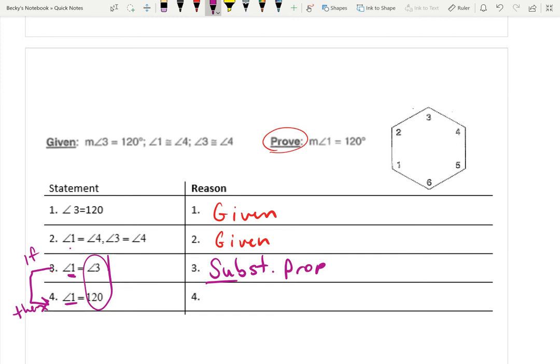What's angle 3 and 120's relationship with each other? Look at step 1. Are they equal to each other? Yeah. So can I take out angle 3 and replace it with what angle 3 is equal to? I sure can. So that is called the substitution property. You got it.